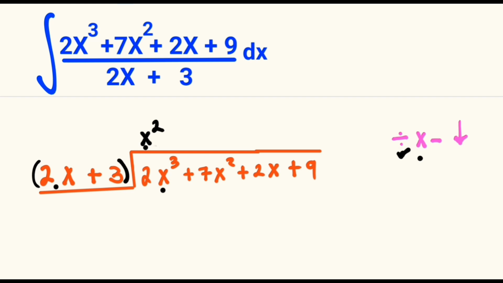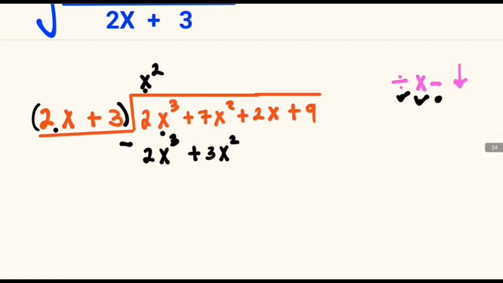The x squared multiplied by 2x will be equal to 2x cubed, and the x squared multiplied by the positive 3 will be equal to positive 3x squared. Now that we multiplied, we focus on minusing, so 2x cubed minus 2x cubed will be equal to 0. The 7x squared minus the 3x squared will be equal to positive 4x squared.